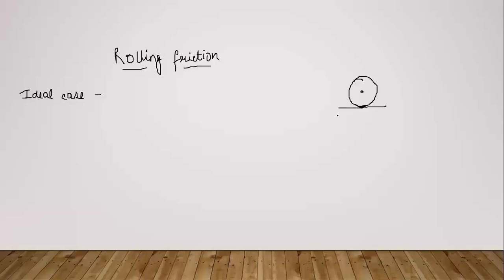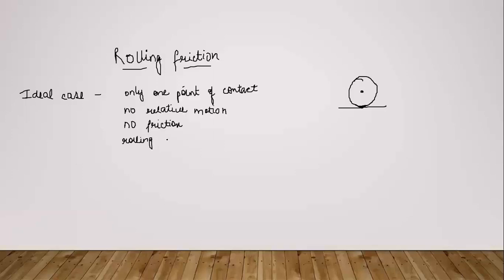So if no relative motion is there, no friction would be there, and so this wheel should keep on rolling with constant velocity. Okay, so this is the ideal case. So let me write it down. No friction, and so rolling continues at constant velocity. Okay, so this is the ideal case.